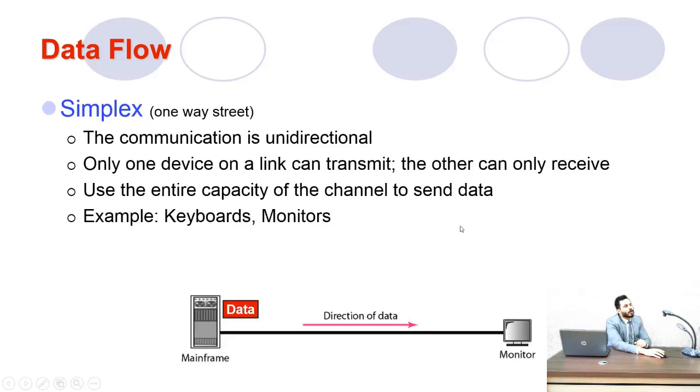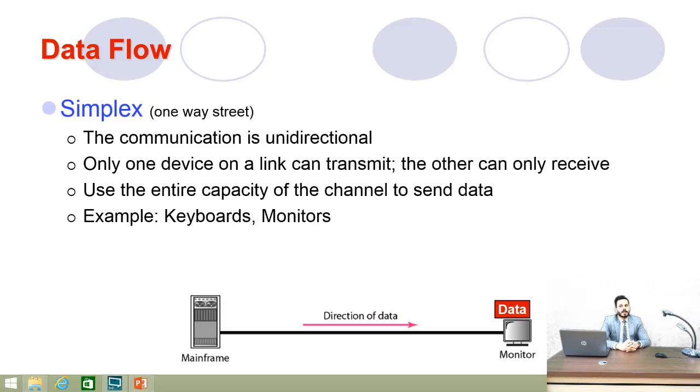So what does simplex mean? What does simplex data flow mean? You can see this data is sent from the mainframe to the monitor, right? At simplex data flow, the communication is unidirectional. Unidirectional means the data goes one way only, not back.